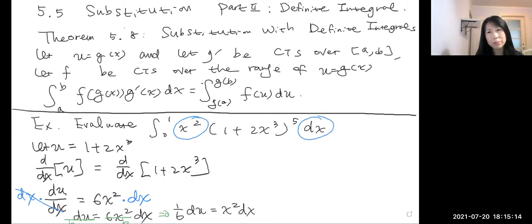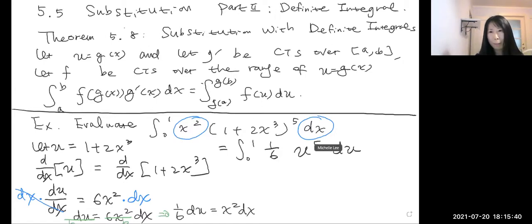Is it clear? Okay, so let us do this one. We will change the variable later. So we set up 1 over 6 du as x squared dx. Now we set up u as 1 plus 2x cubed, right? So it will be u to the 5th power.